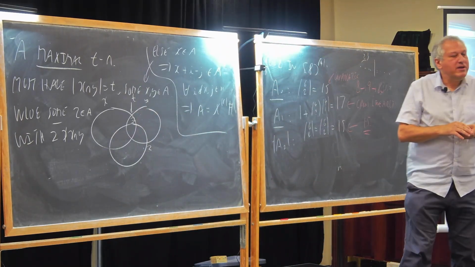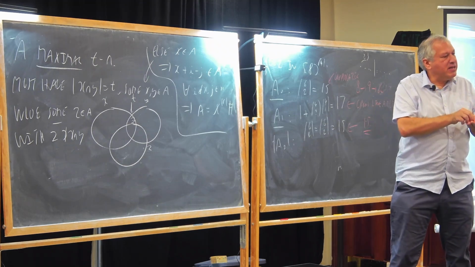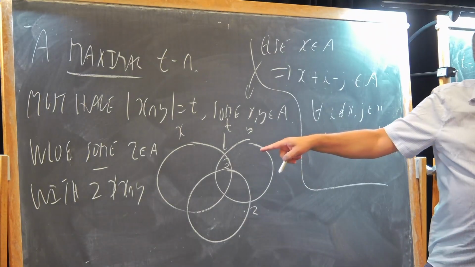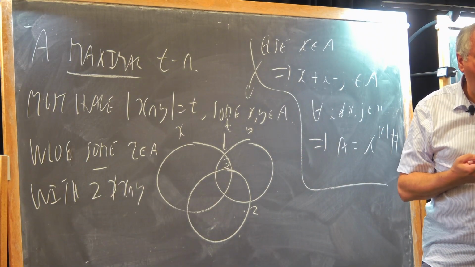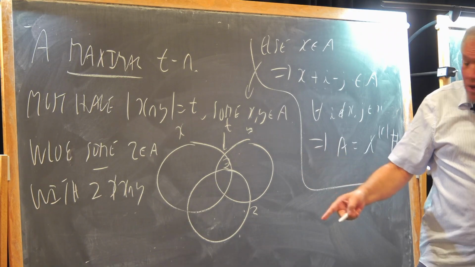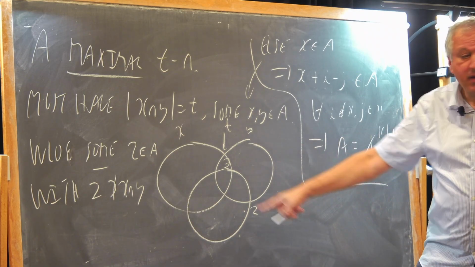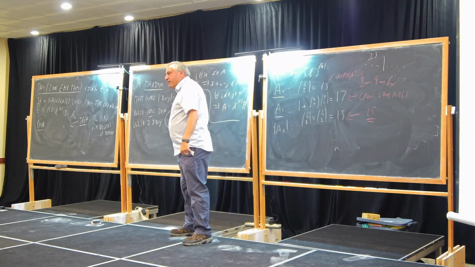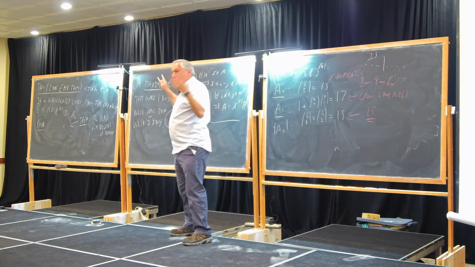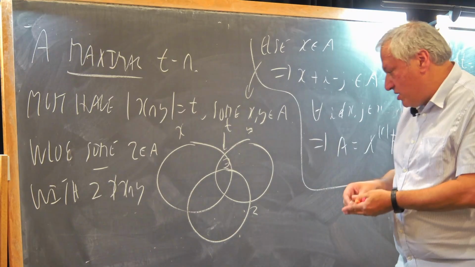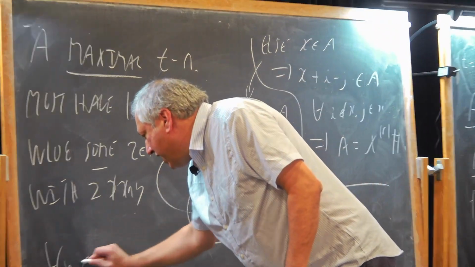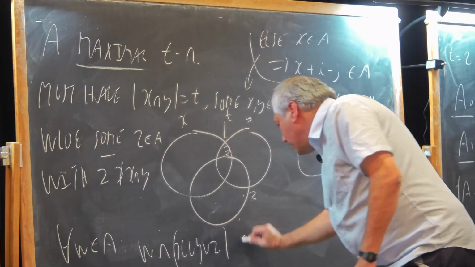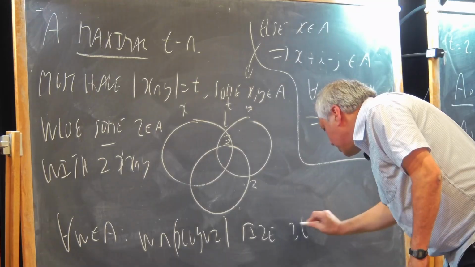Okay, now think about any set in your family. How much does it meet this picture? It's got to meet x in at least t, y in at least t, and z in at least t, right? So it can't meet this picture in only t points. Because if it only had t points in this picture, then because of x and y, that would be the entire x intersect y, and then it can't meet z in t points. So the conclusion is, for every w in A, w intersect x union y union z has size at least t plus 1.